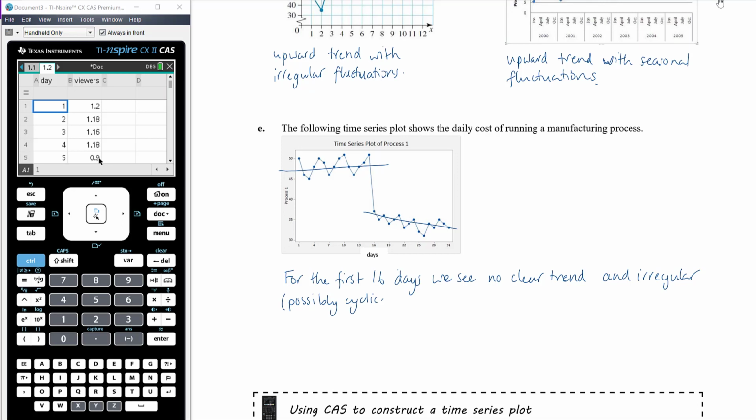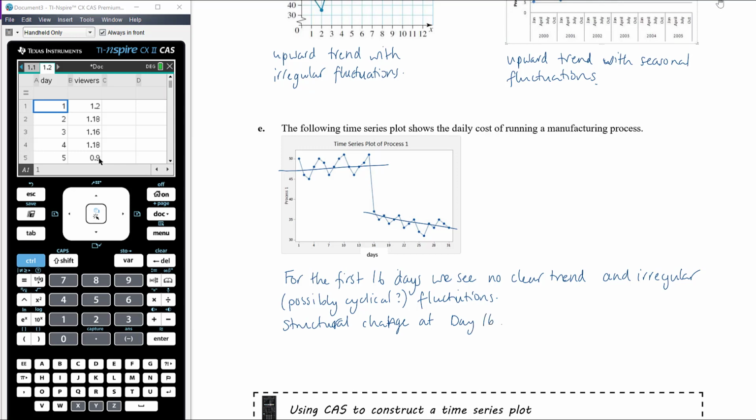The scale's not really clear enough for us to see that. There is a structural change at day 16, or around about day 16.